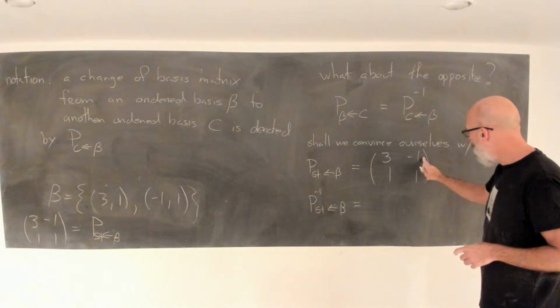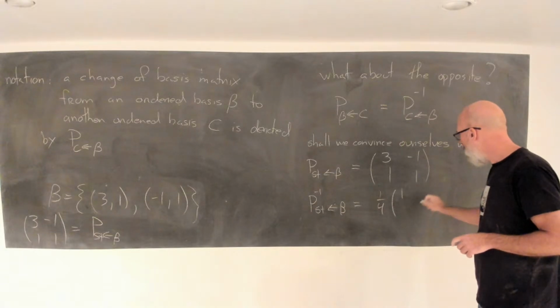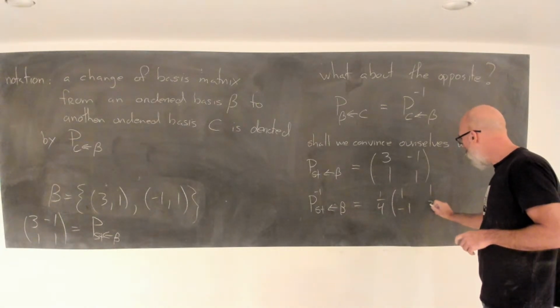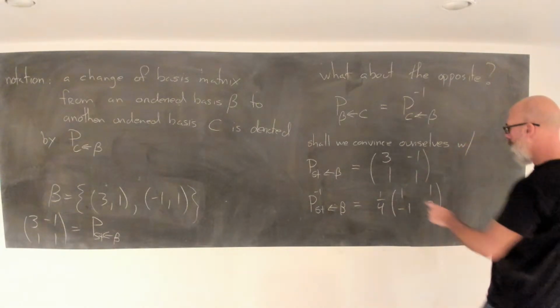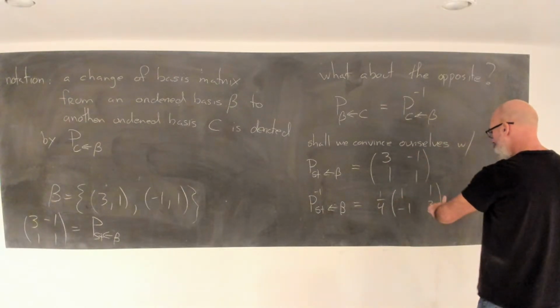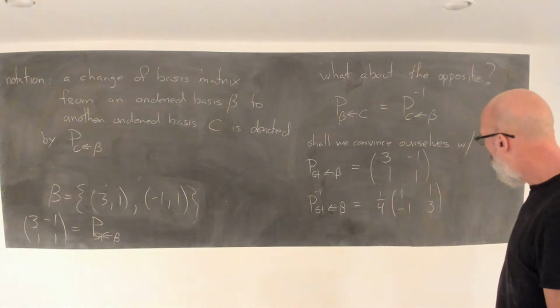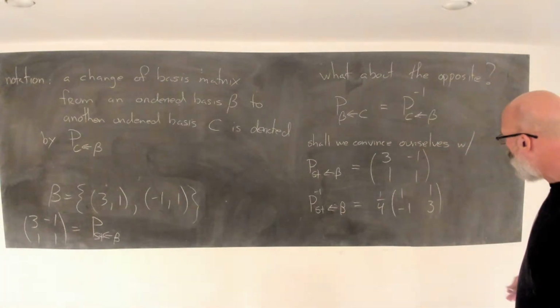This has determinant 4, so 1 over 4 times 1, 1, minus 1, 3. Is that correct? That's 4, and that's 0, 0, and 4. Looking good.